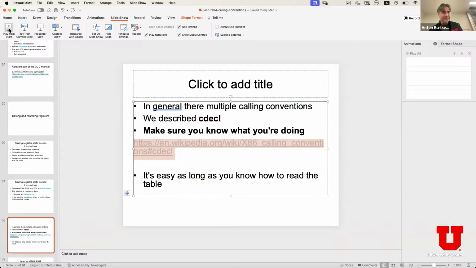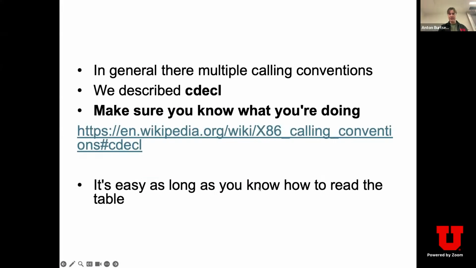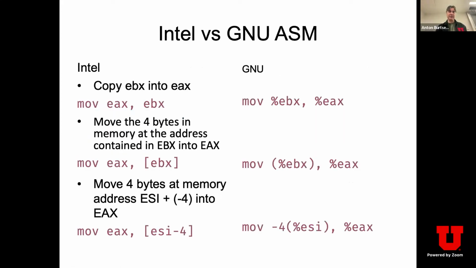And let me just finish the slide deck. We're almost there. What I wanted to finish was this last slide, which compares the syntax for the Intel and GNU, or alternatively called AT&T, assembly syntax, right?